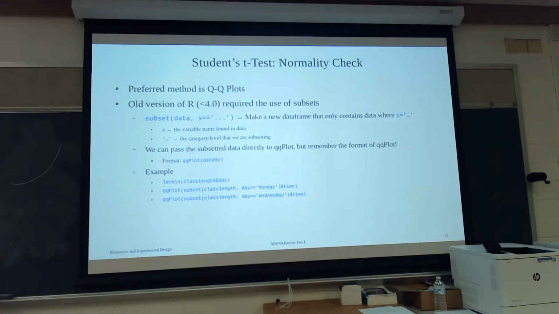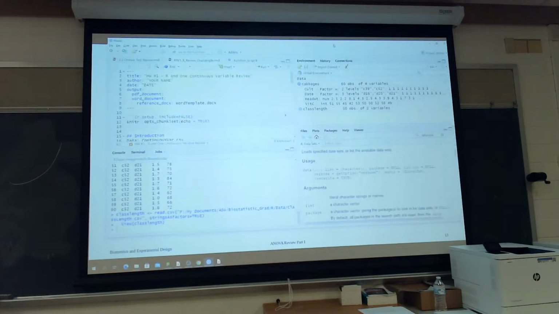So just for an example, this is how I would have done it the old way to check the assumptions in this data set. First, I figured out what my levels are. That's all the way up here.